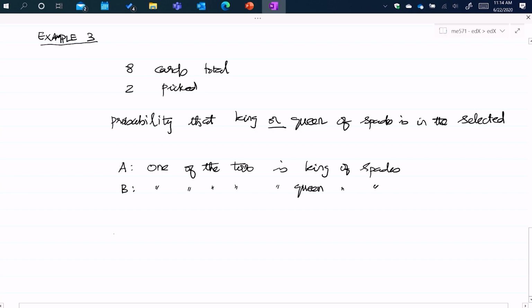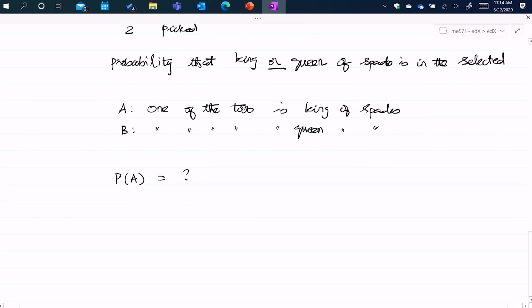Then what is the probability of A? We don't know how to calculate this yet, but let's say the number of ways I can pick 2 items out of 8 is a combination of 2 items out of 8.